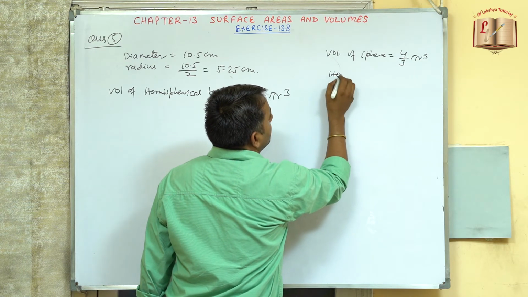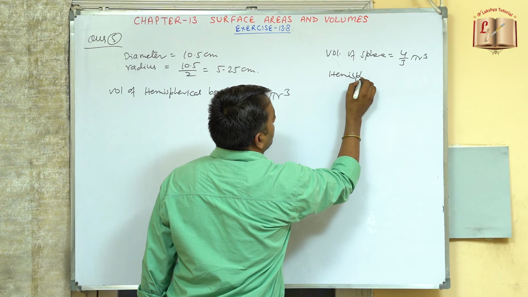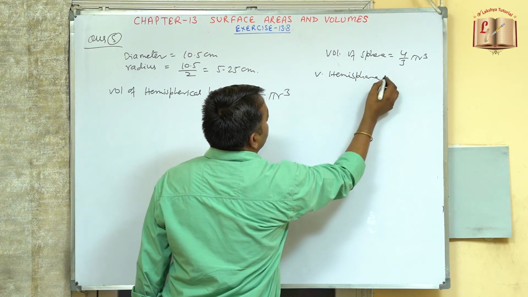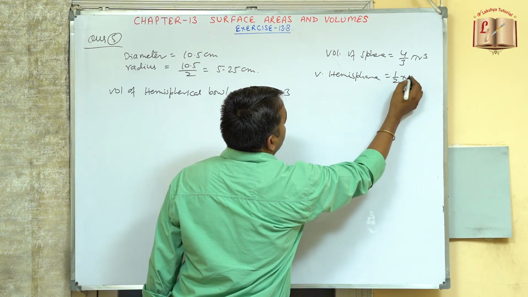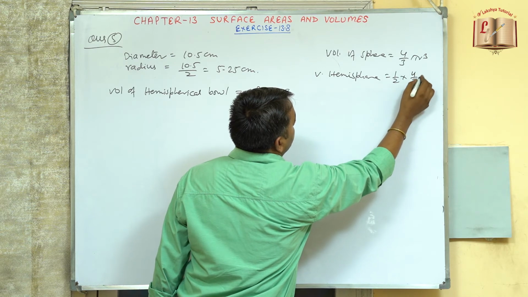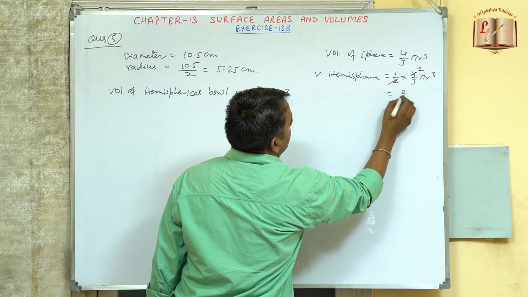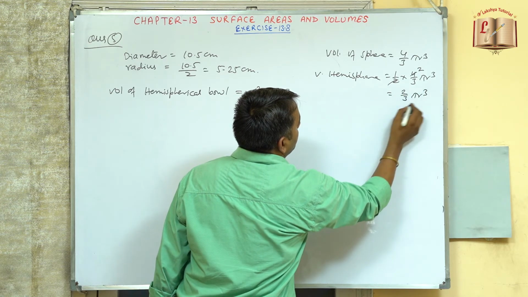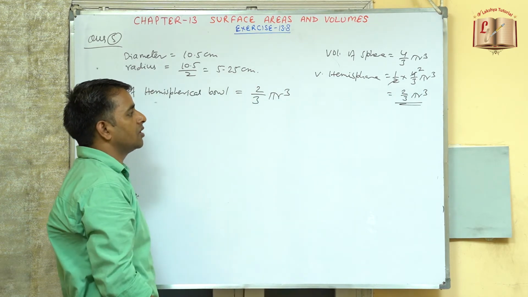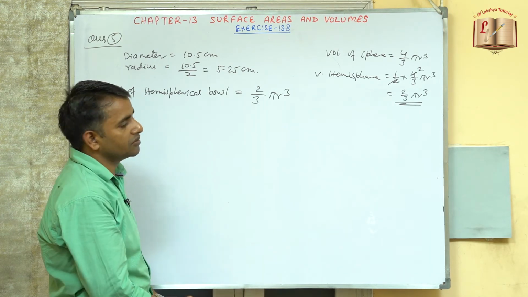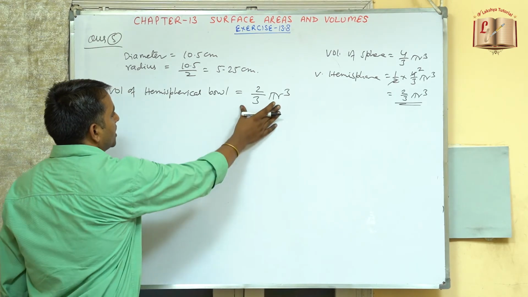So the volume of hemisphere will be 1 by 2 into volume of sphere. So 2 and 4 cancel, this is 2, and now this is 2 by 3 pi r cube. So volume of hemisphere is always half of the volume of sphere. That is what I have used.